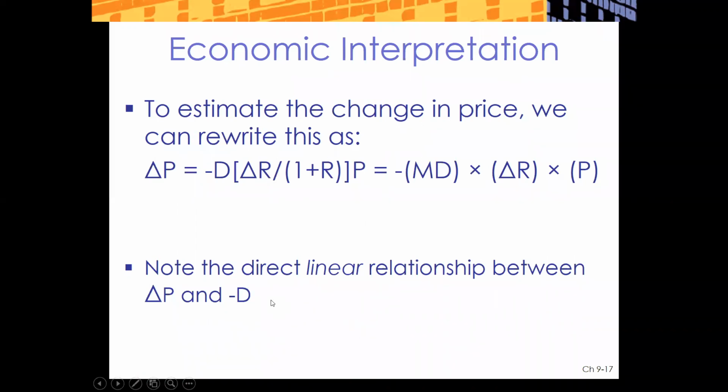One thing I want to underline: we are trying to see by how much the price of the bond will change if the interest rate changes by this much. This is given to predict the price.